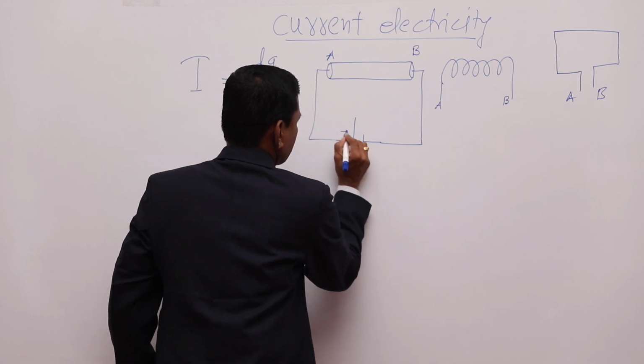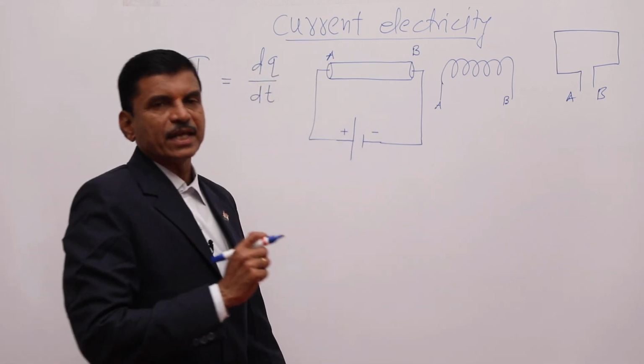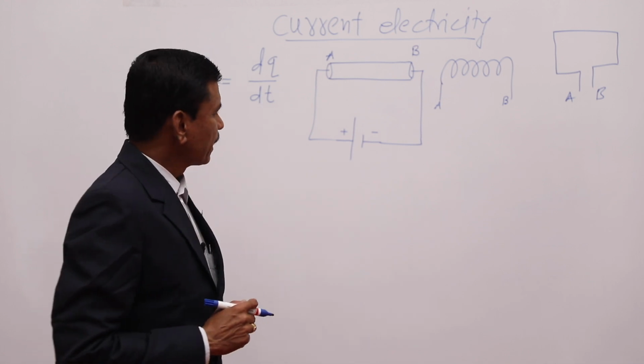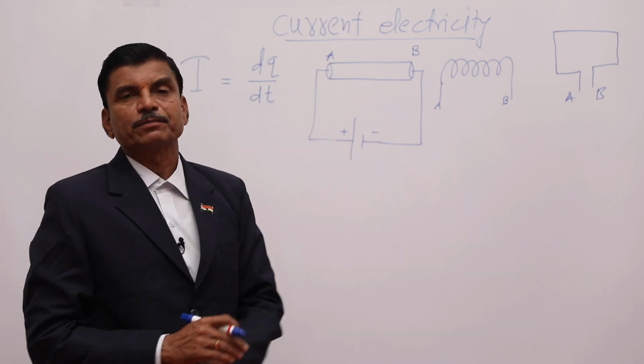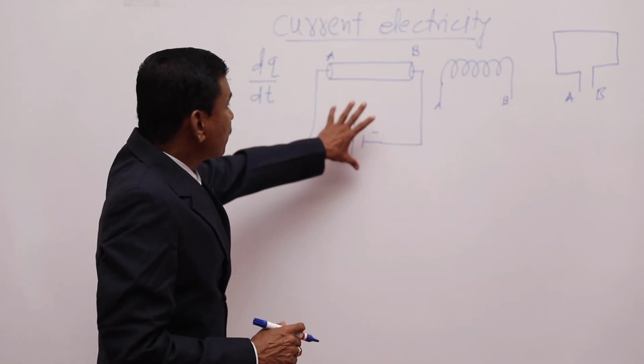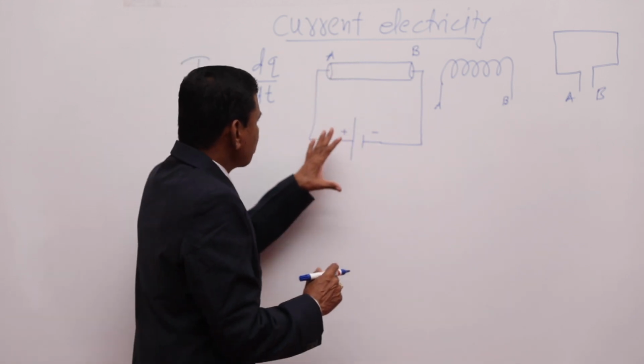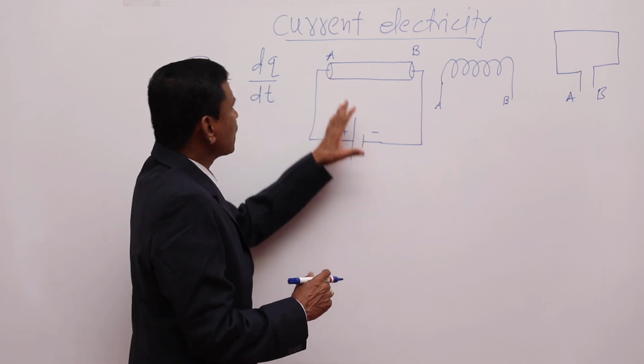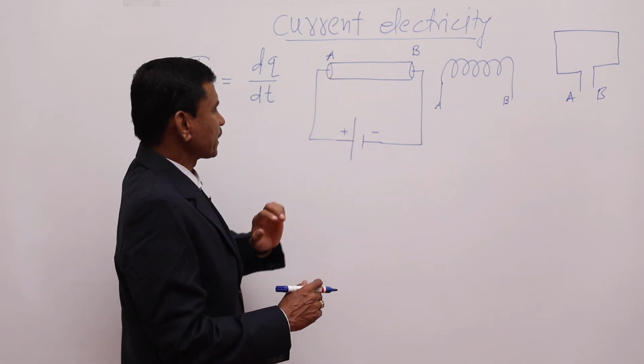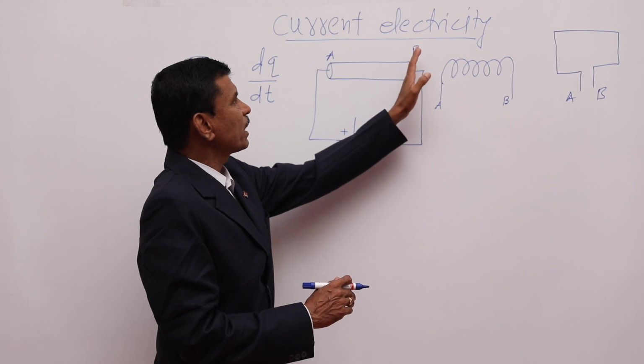See, this is a battery or cell or power supply having two terminals, positive and negative. So this battery is giving some energy. As this battery is connected, the positive terminal is connected to terminal A of the conductor and the negative terminal to terminal B.